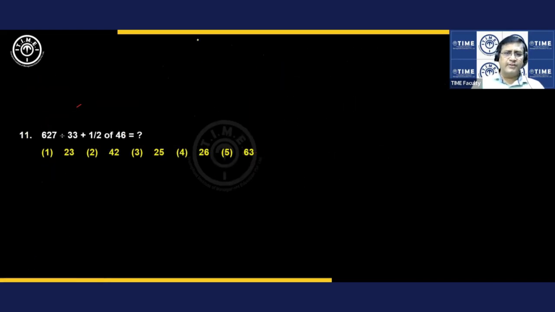Now, look at question number 11. How much is the answer? 627 divided by 33 plus half of 46. Half of 46 means it is 23. Now, is it possible to simplify 627 with 33?